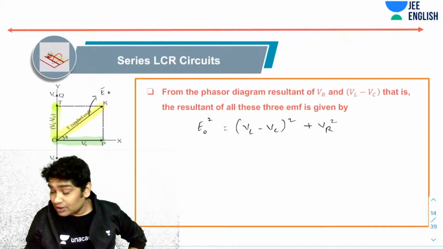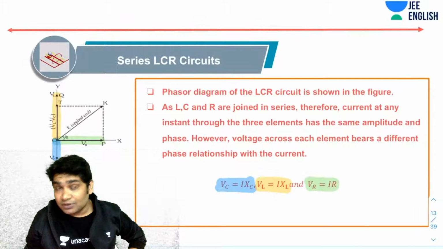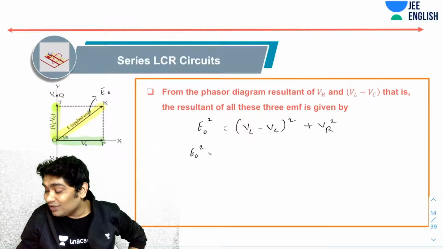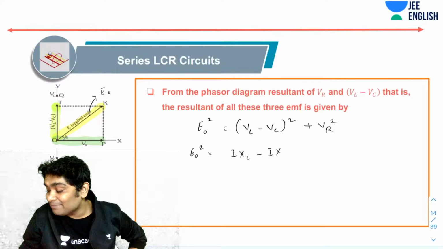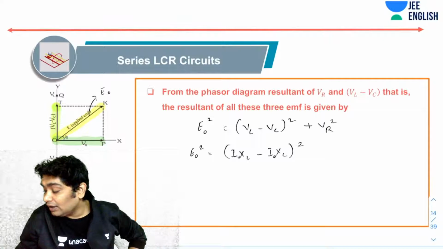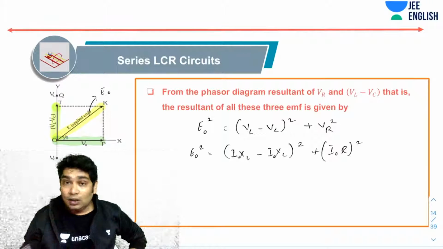Now all I need to do is substitute these values. When I substitute, E naught square equals (I naught XL minus I naught XC) whole square plus (I naught R) whole square.